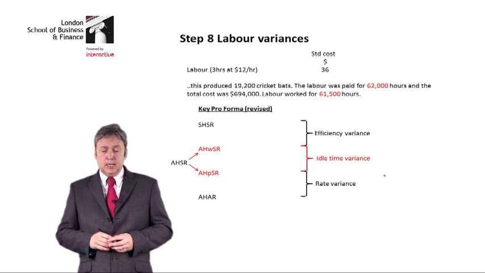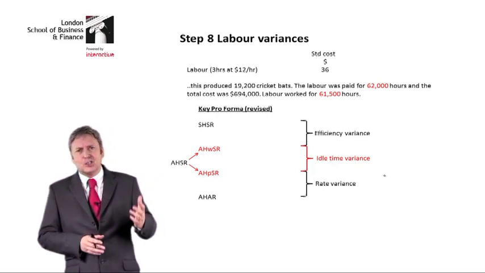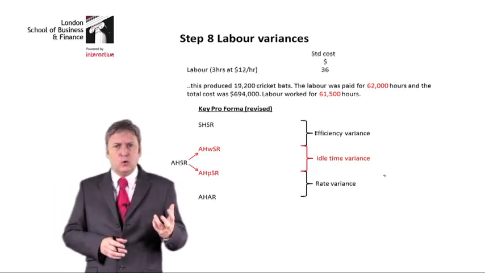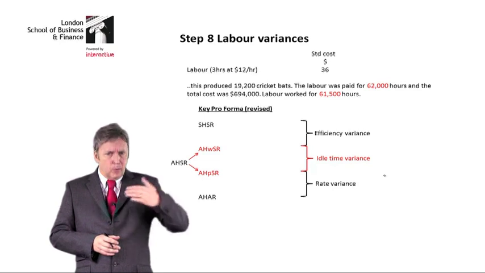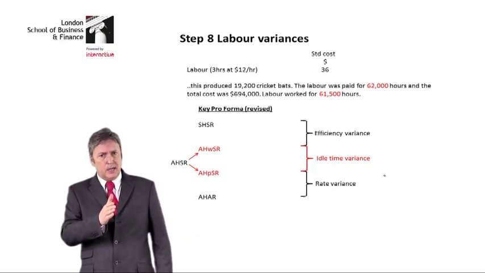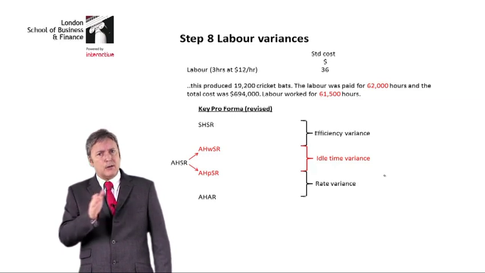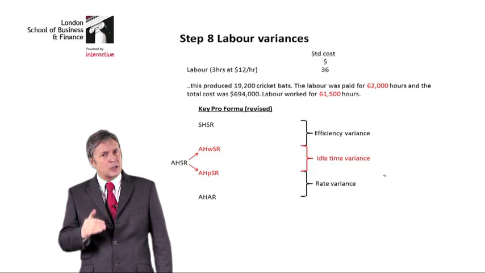So all we do is this. If you see at the bottom there, where we had actual hours standard rate before, we now separate that into two. The bottom one, we talk about the actual hours paid at the standard rate, because of course the actual hours paid are comparable to the actual hours actual rate at the bottom.